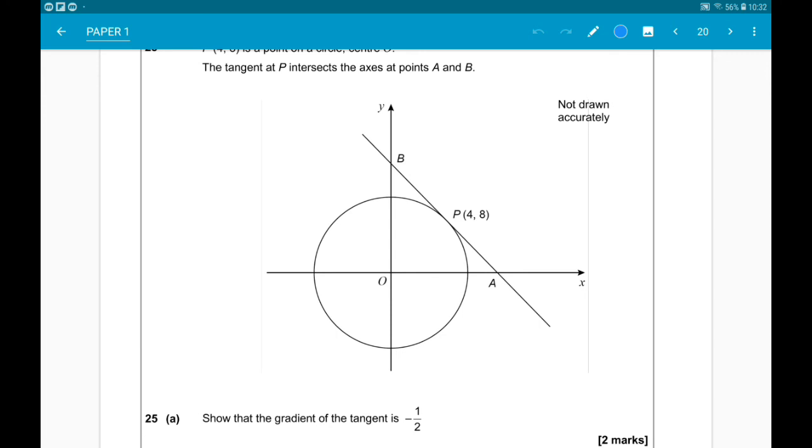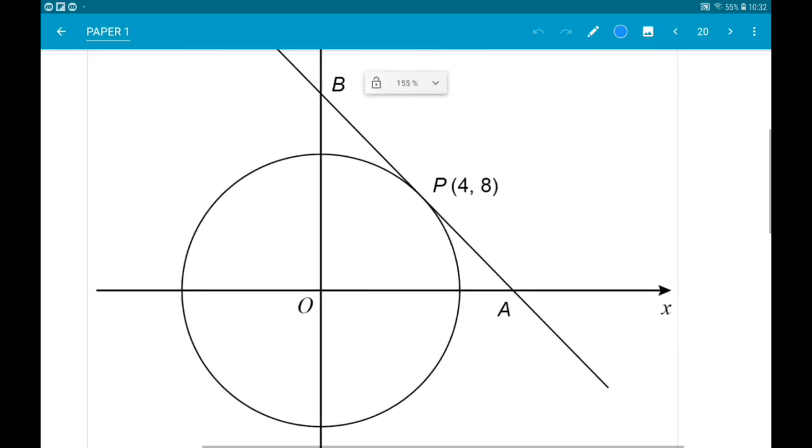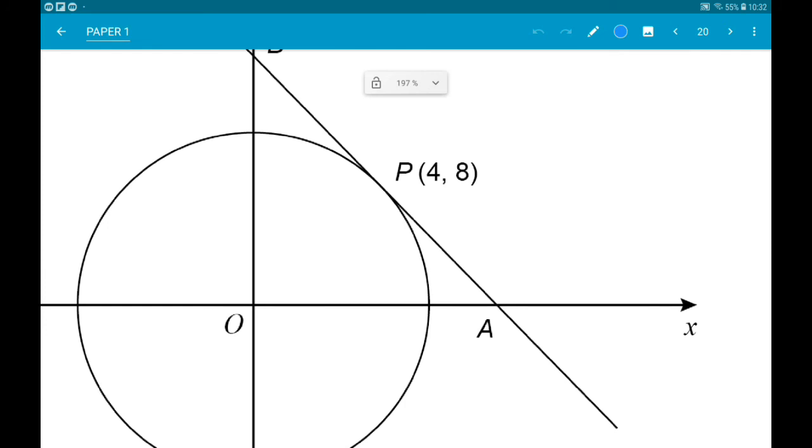Okay, so the way that we do this is to first of all work out the gradient of the radius. So O is the point 0, 0.